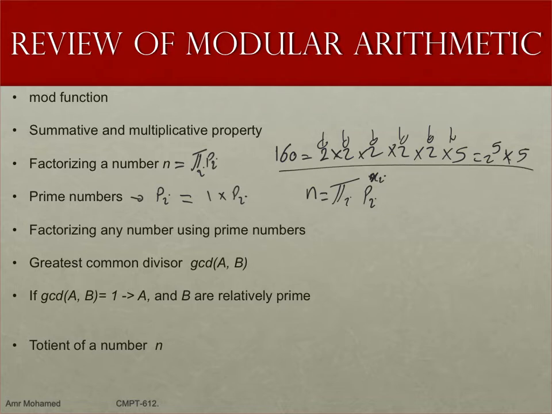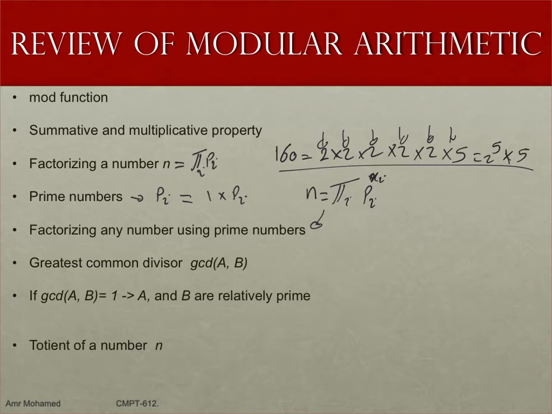We try to use the lowest prime number, which is 1, and then 2, and then we try 3, and so on. Of course, in cryptography, we don't use these low numbers, as we will see. So this property indicates that any number can be factorized using prime numbers. In the worst case, if it's a prime number on its own, it can be factorized by itself and 1.